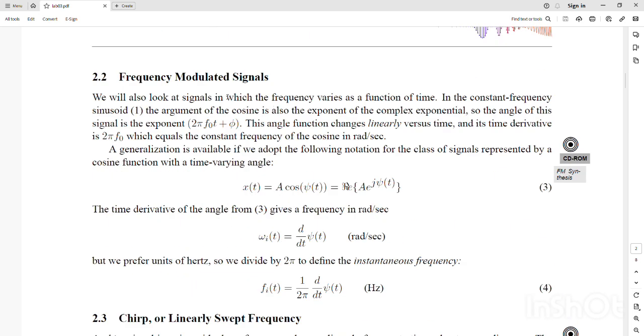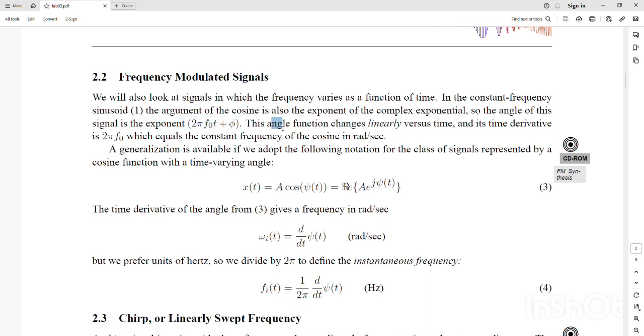Then we'll talk about the frequency modulated signal. If the frequency varies as a function of time, where the constant frequency sinusoid is the argument of the cosine, then we can say the angle of this signal is the exponent of 2 pi f naught t plus phi.